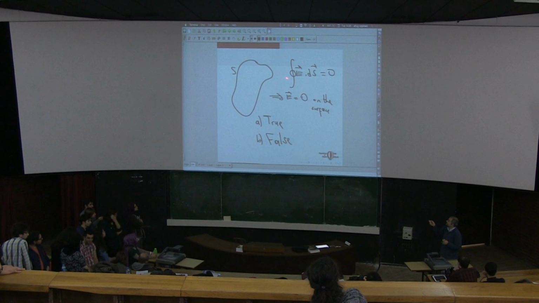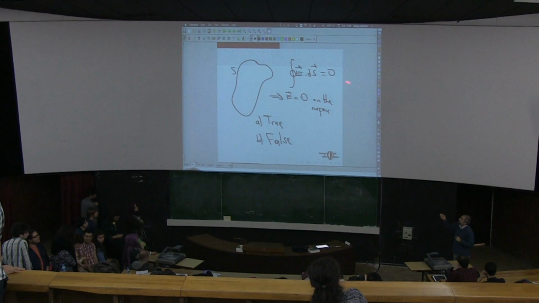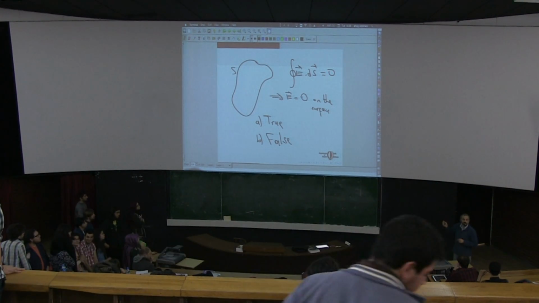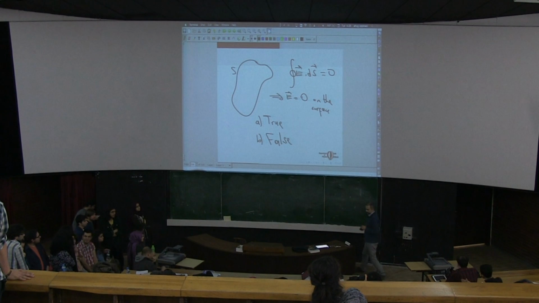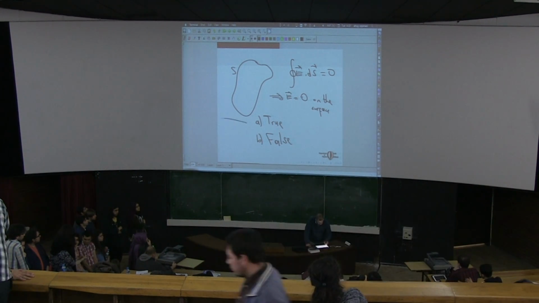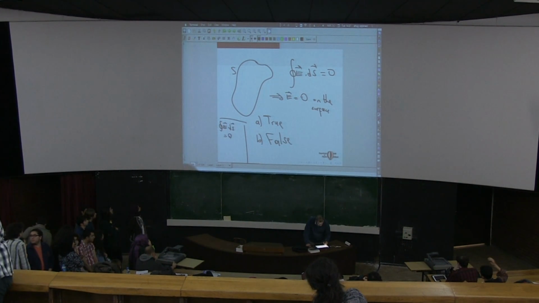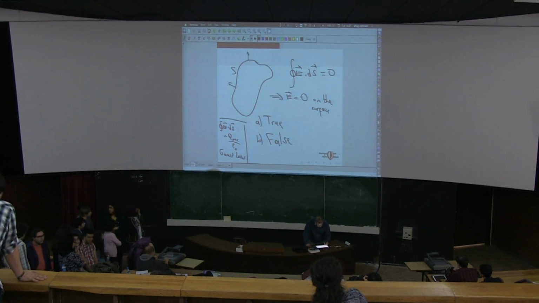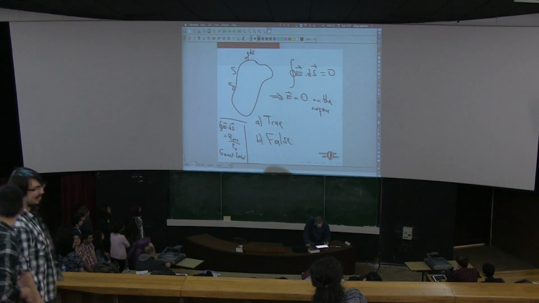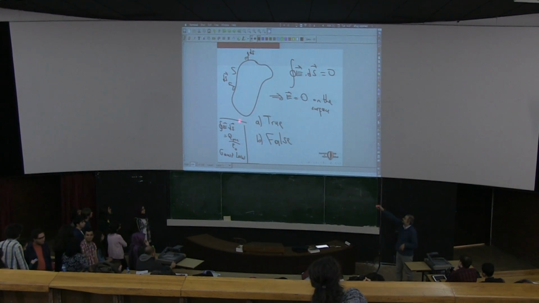For any electric field, provided you have the necessary charge distribution to create it, this integral is 0. Inside the surface, true.